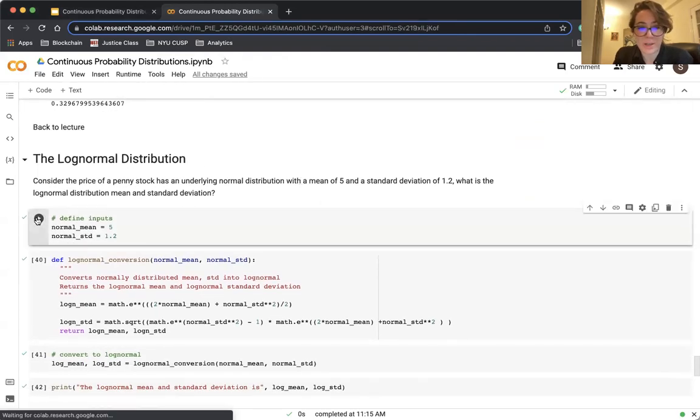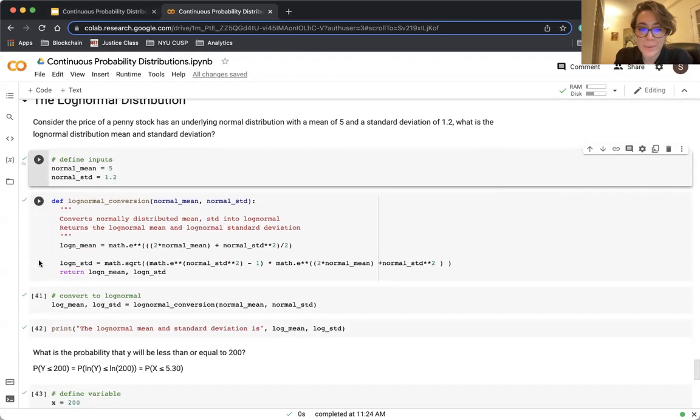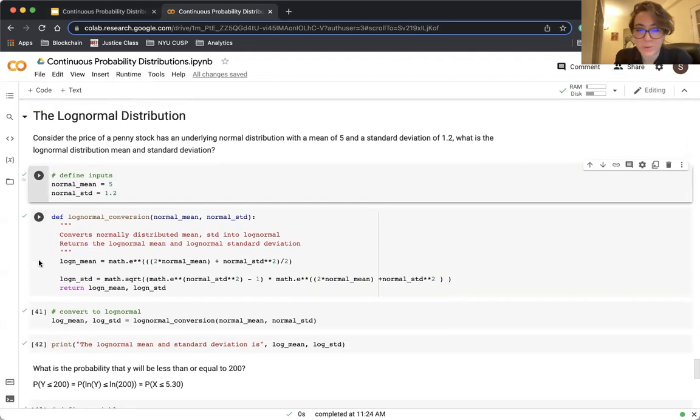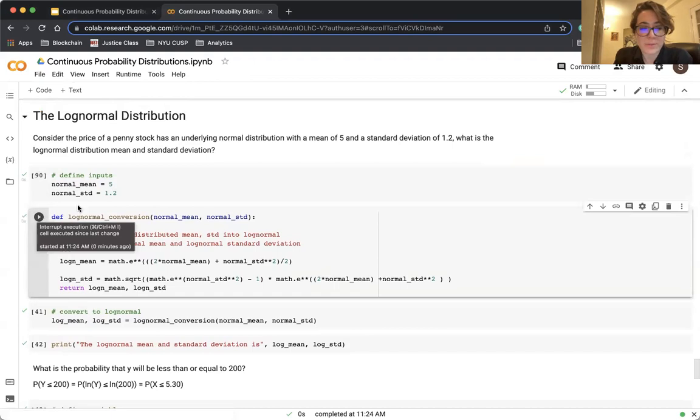So we would define our inputs where we take the normal mean. I just indicated that it's normal because we take those normal values and we would convert them to being log normal so that we can then use our usual different approaches from the normal distribution. So this formula just takes those equations we reviewed using Euler's number and takes the exponent of 2 times the mean.